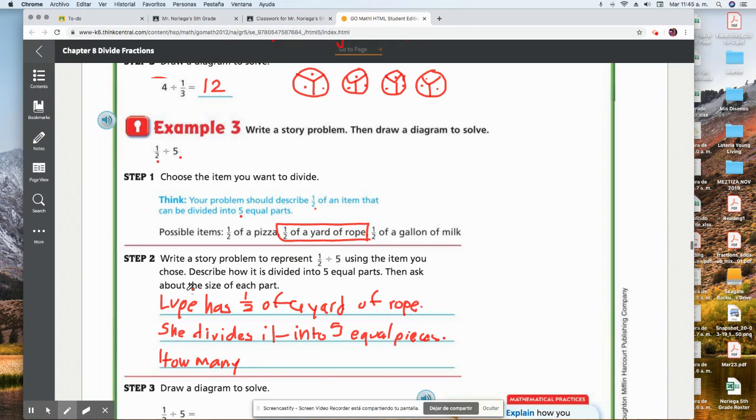Not how many, sorry. What fraction of a yard is each piece?